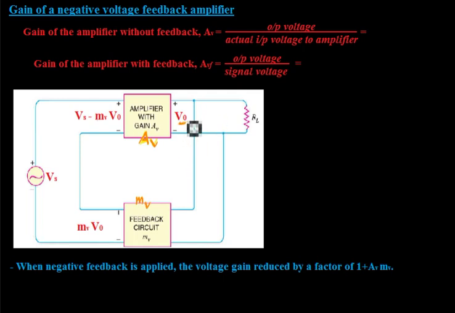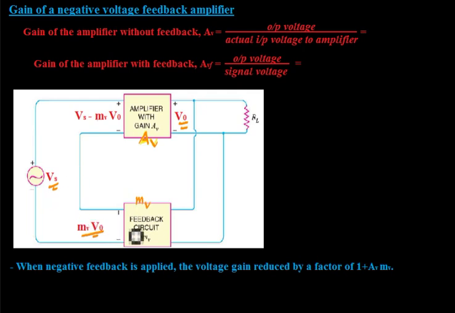Consider V0 be the output voltage of the amplifier, then MV V0 will be the feedback voltage fed back to the input by the feedback circuit. Let Vs represent the signal voltage.